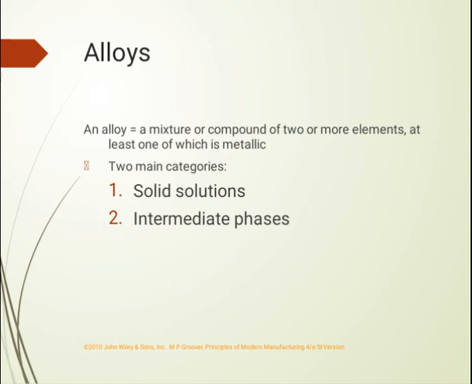An alloy is a mixture or compound of two or more elements, at least one of which is metallic. There are two major categories of alloys: one is solid solution, another one is intermetallic phases.